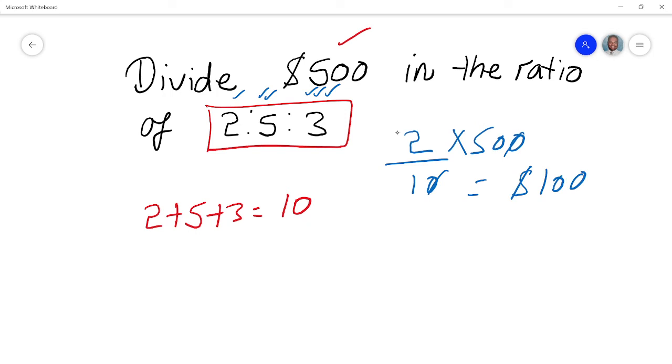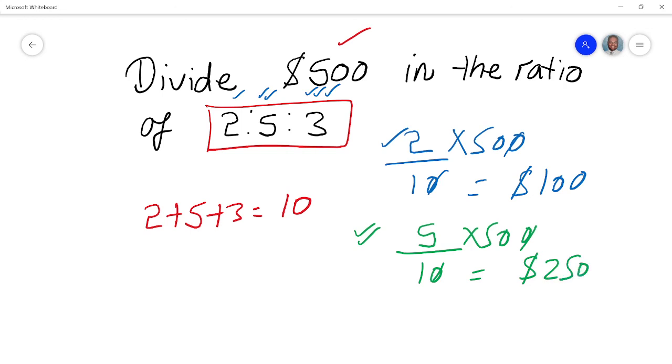The next thing is I'll put a single tick. The next thing we're going to do is find the double tick, which is 5. We want to get 5's ratio, so that's going to be 5 divided by 10 times 500, and that's going to be $250.